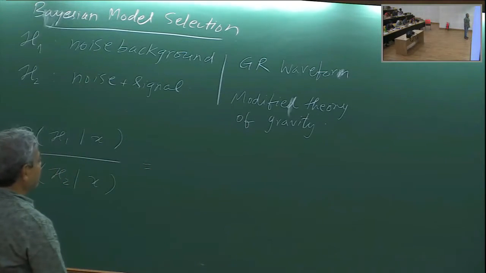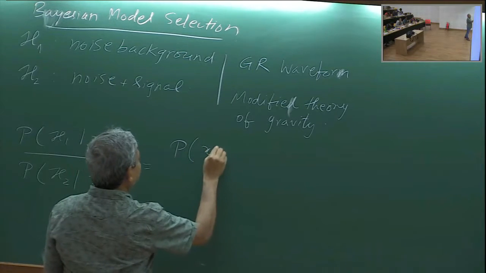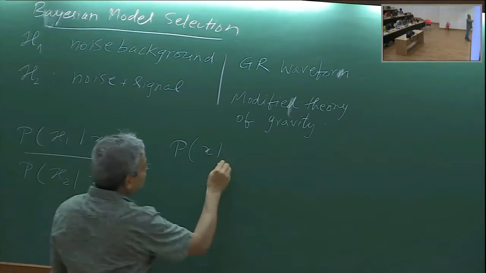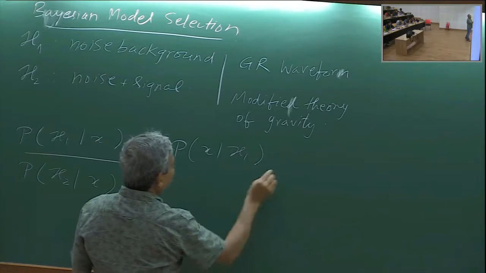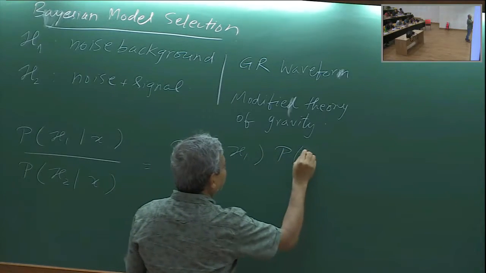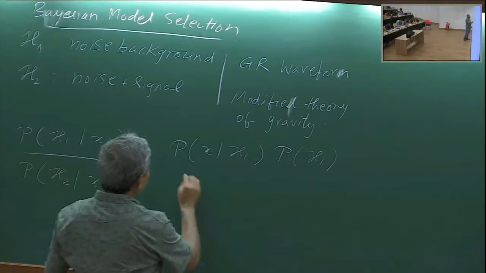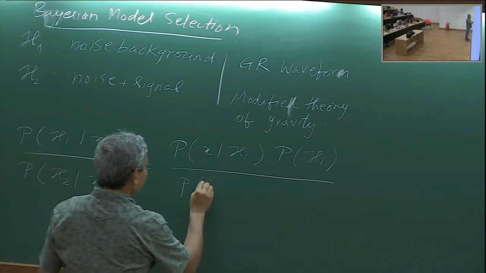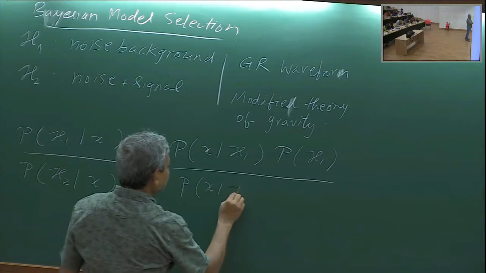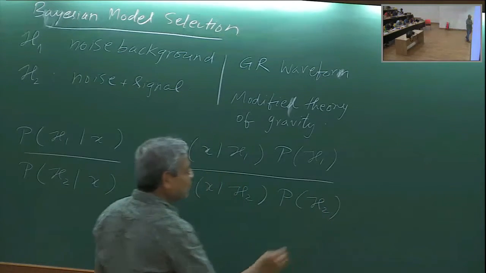That's nothing but, by Bayes' theorem, the probability that the given data is obtained if hypothesis H1 is true, multiplied by the prior probability that hypothesis H1 is true, divided by the probability of getting X given that H2 is true, multiplied by the prior probability of H2.